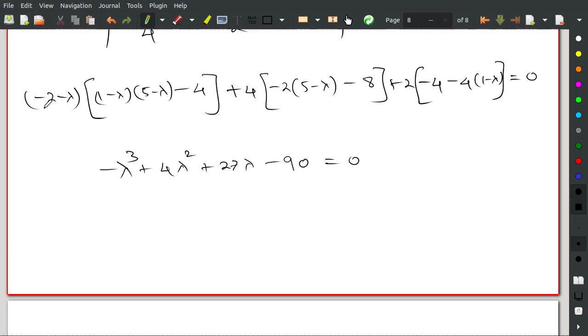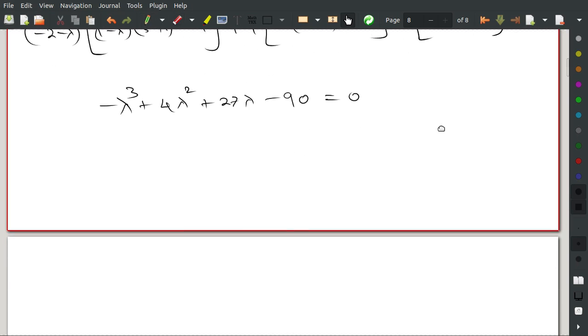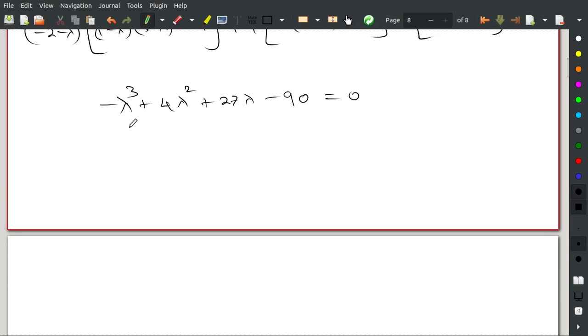Let me multiply this equation by minus 1 on both sides. So we have lambda cube minus 4 lambda square minus 27 lambda plus 90 equals 0.